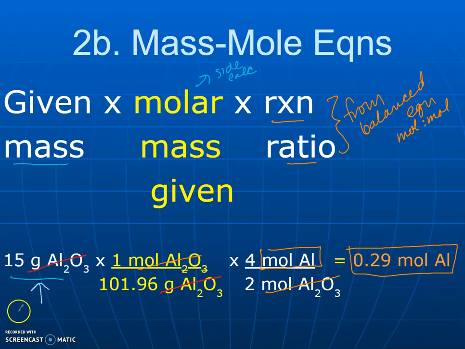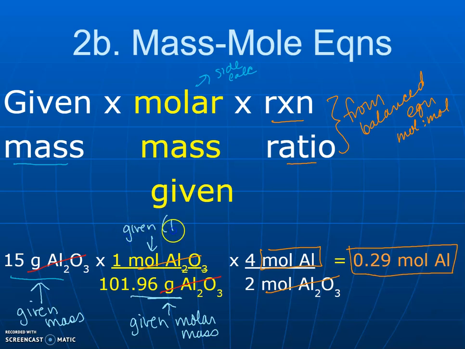So, more pro tips. In a mass problem, this will always be your given mass. This position in the denominator will always be your given's molar mass. This numerator here will always be 1 mole, equivalent to the molar mass, because this is how many grams are in 1 mole of Al2O3. And step number 3, your reaction ratio.